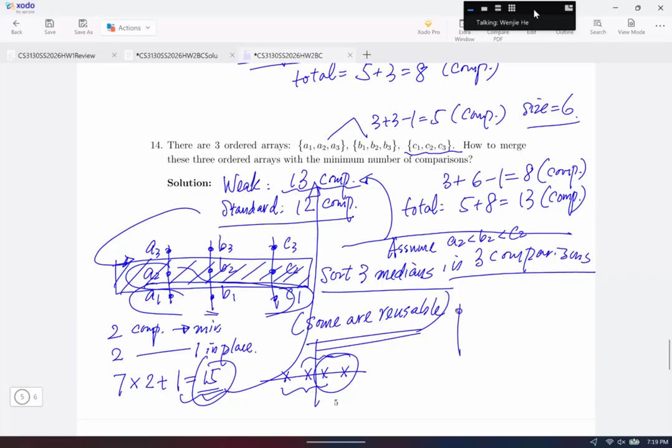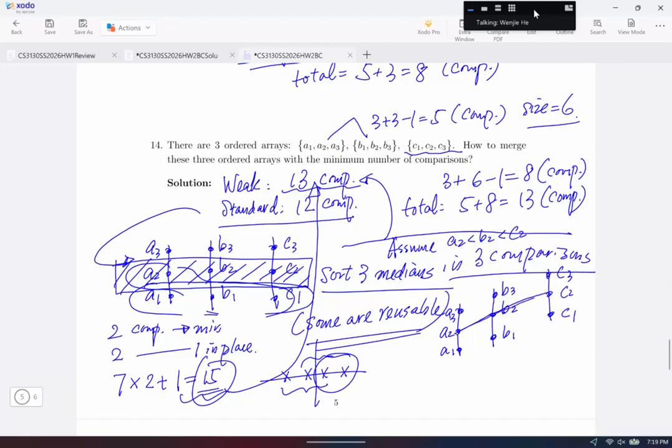So we have A3, A2, A1, higher B3, B2, B1, C3, C2, C1.